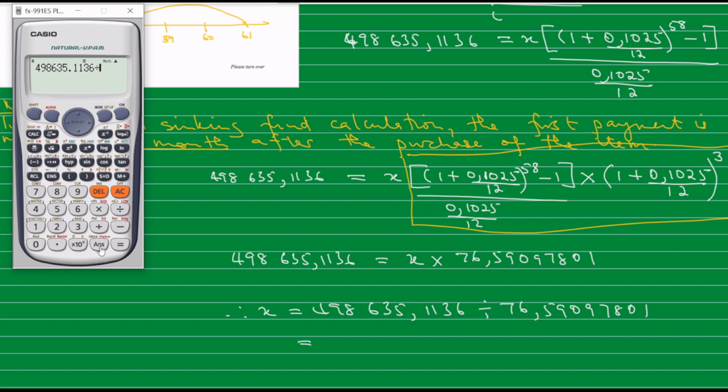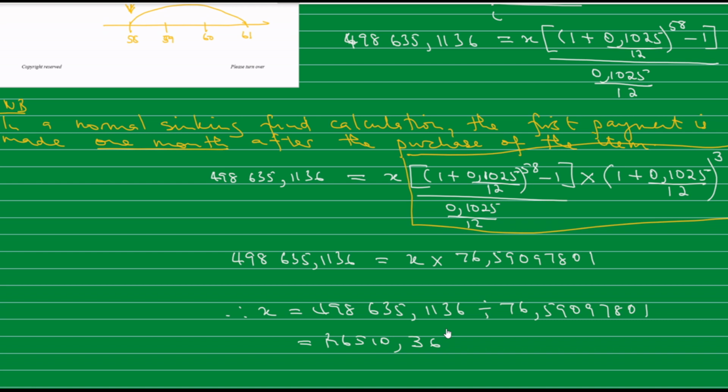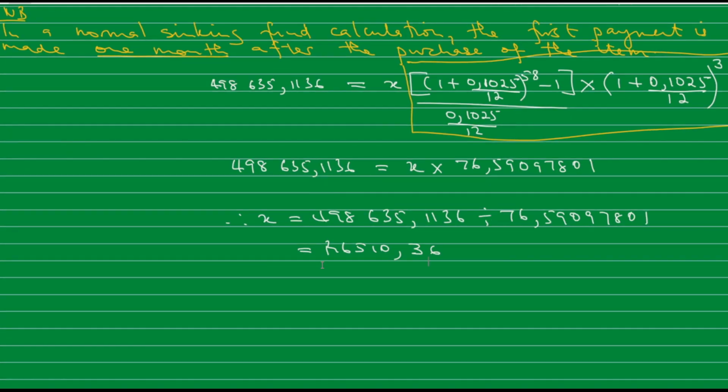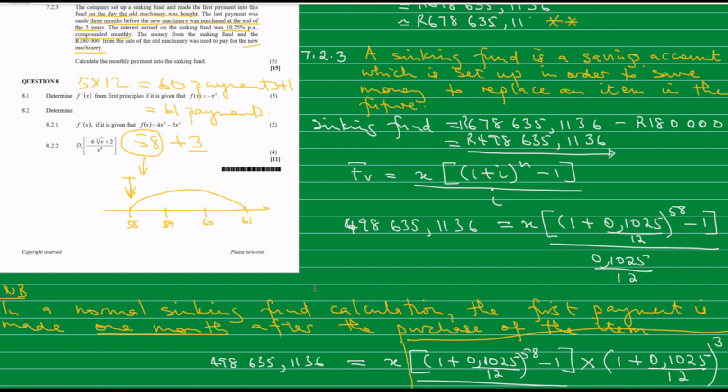Okay, I'll get 6,510 rand 36. So therefore the monthly installment is 6,510 rand 36 cents, which gives us the final answer to that question.